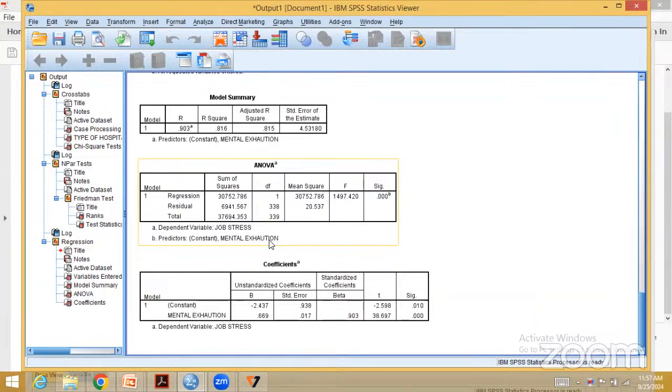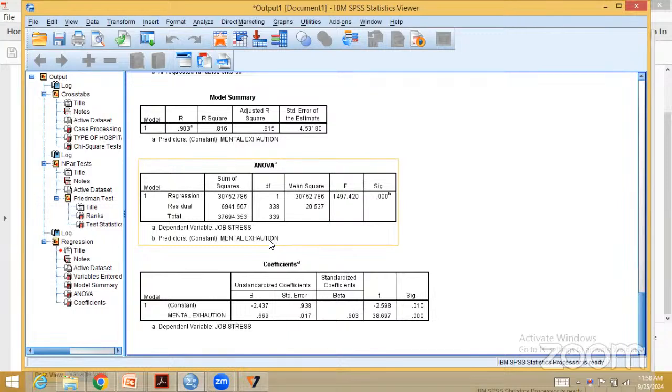Such variables are called unobserved variables. Job stress is changed due to mental exhaustion by 81.6%, and the remaining percentage is due to other factors that we have not taken into consideration.